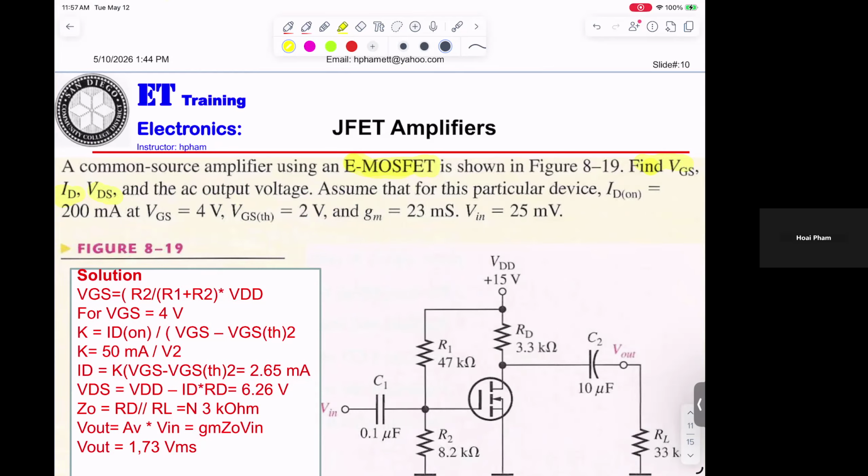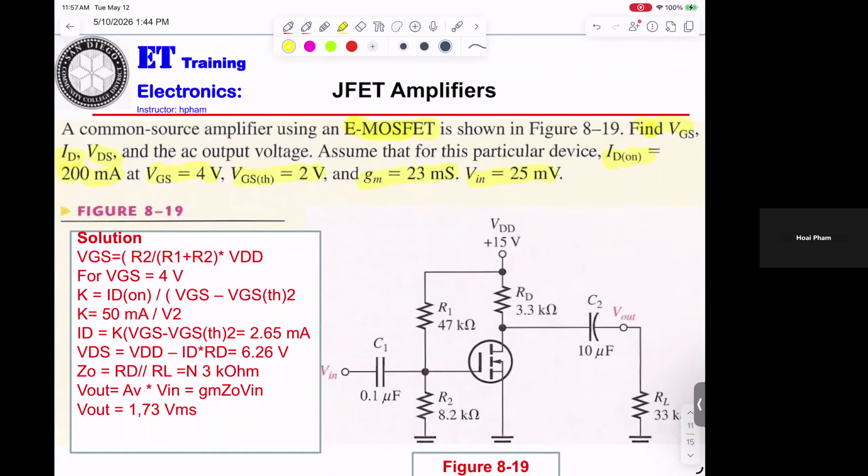Assume that for this particular device, ID on equals 200 milliamp at VGS equal 4 volt and VGS threshold equal 2 volt. And this is the solution.